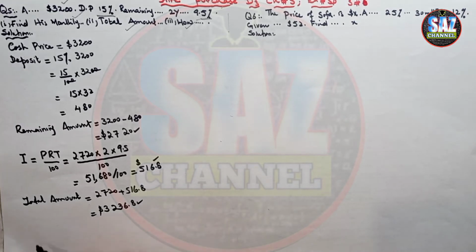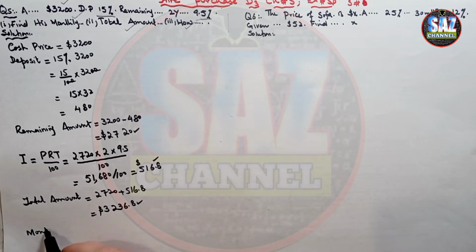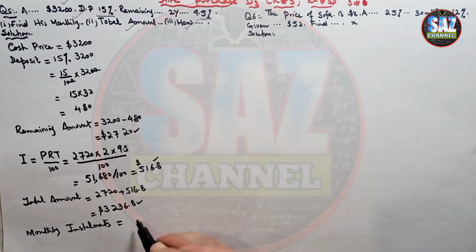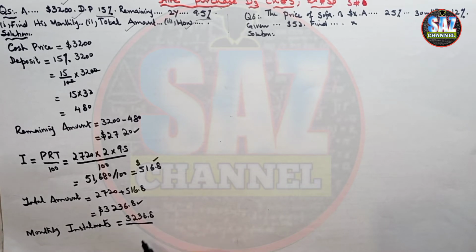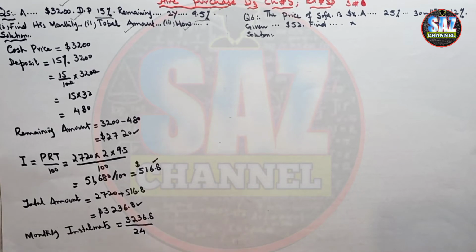Now the monthly installment is equal to the total amount, 3236.8, upon the time period, which is given in the question as 2 years, and which is equal to 24 months.